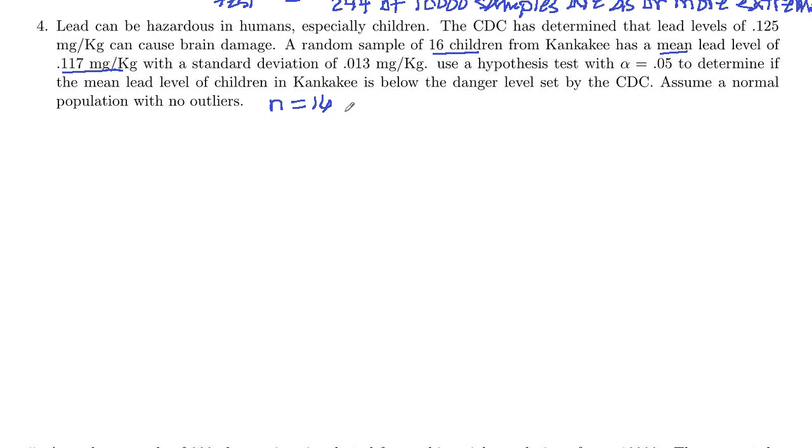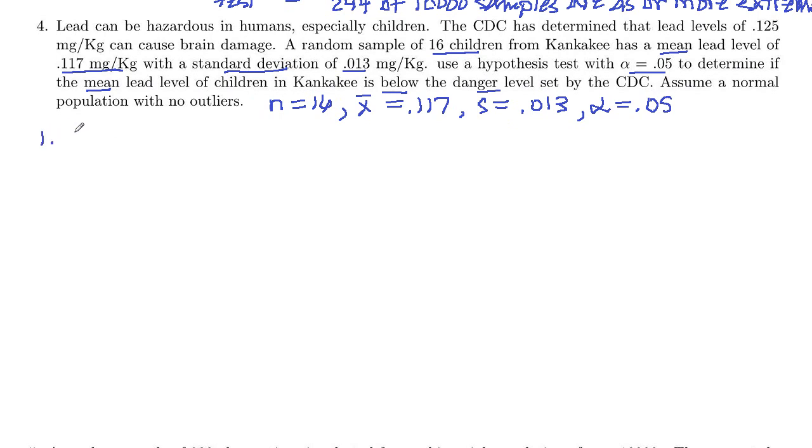And that's a mean, so it's going to be sample mean. X bar is 0.117. And a standard deviation of 0.013 milligrams per kilogram. So that's going to be S is 0.013. And then use a hypothesis test at alpha is 0.05 to determine if the mean lead level in children in Kankakee is below the danger level.